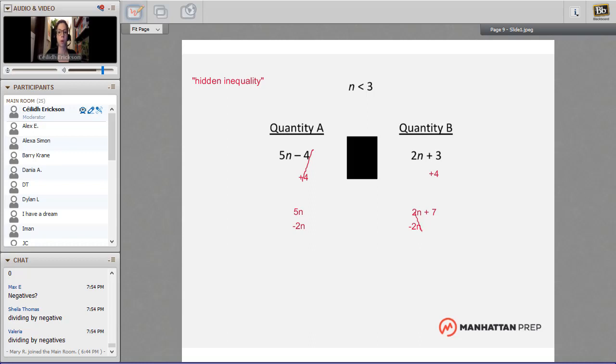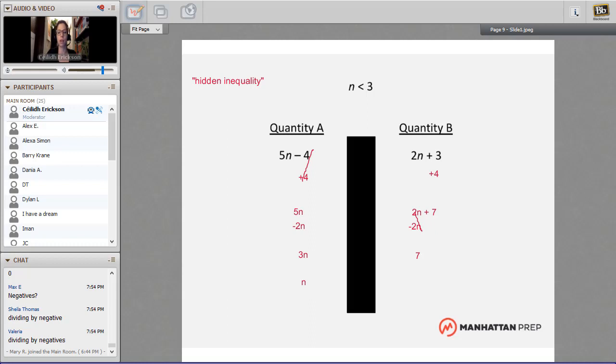When we simplify, what we're comparing is what's greater, 3n or 7. So simplify further. We're going to basically extend this, pretend this hidden inequality goes all the way down. We're allowed to divide by a positive, divide both sides by 3, and then our comparison is n to 7/3.